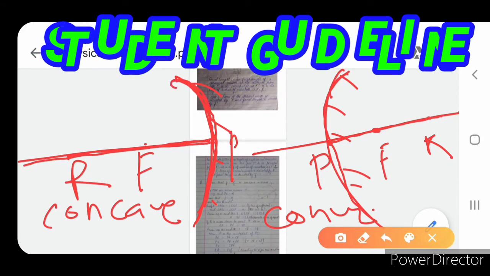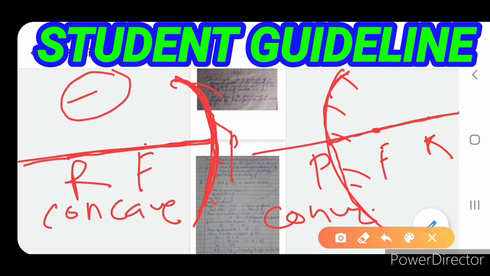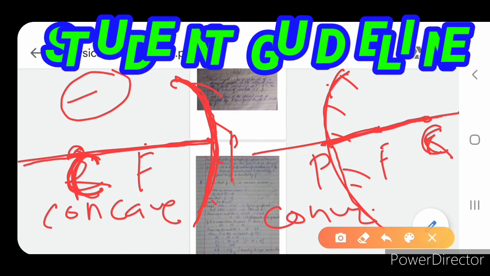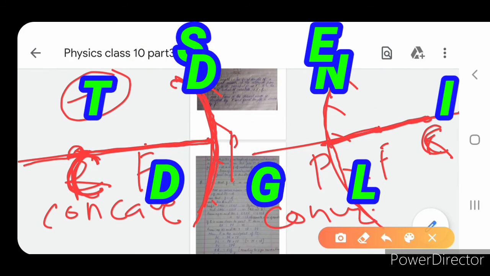For this reason, the radius of curvature and focal length of a concave mirror are taken as negative, whereas the radius of curvature, this point is C, PC is called the radius, and the focal length of a convex mirror are positive, because in a convex mirror the focus and center of curvature are situated behind the mirror, and in a concave mirror they are situated in front of the mirror. The first rule of sign convention is that the distance measured in front of the mirror is taken as negative, whereas the distance measured behind the mirror is taken as positive.